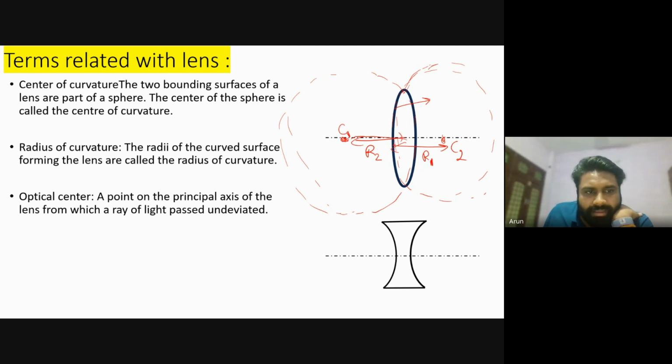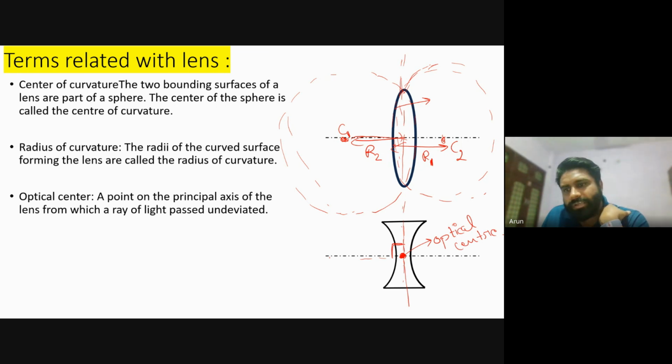Okay? What is the optical center? So the optical center of the lens is, if I cut this lens into equal parts, the point at which the normal to the surface and the principal axis are at 90 degrees, this point is termed as the optical center.